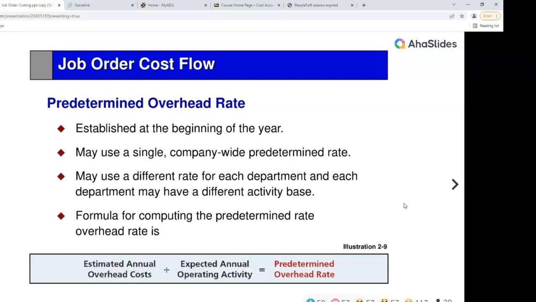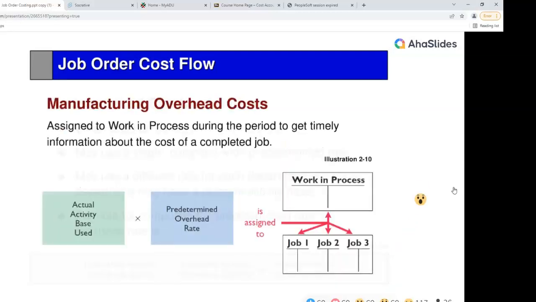And notice what it says. Estimated annual overhead costs, $1 million, divided by estimated annual operating activity, either direct labor hours, direct labor cost, or machine hours, gives me a predetermined, meaning estimated, overhead rate. But I'm going to apply that overhead rate on the actual number of hours worked or the actual direct labor cost.